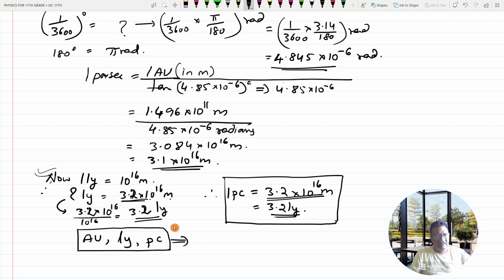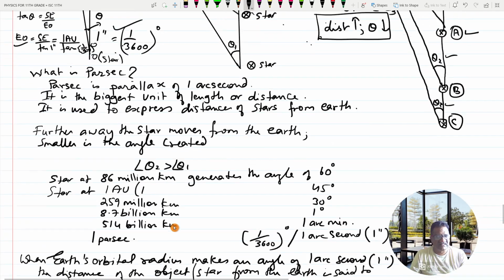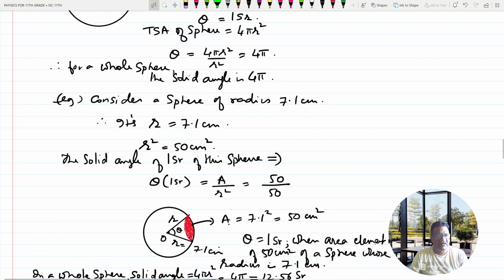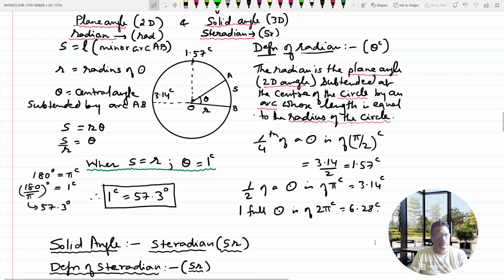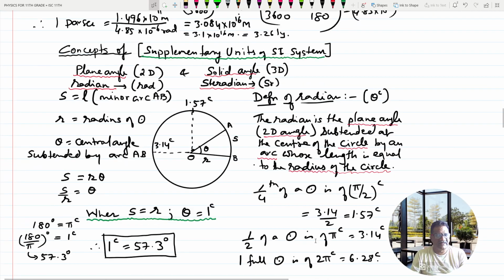Now there are two more things that I want to discuss in this particular chapter, and that is something called the two supplementary physical quantities. In the SI system, you have two supplementary physical quantities.